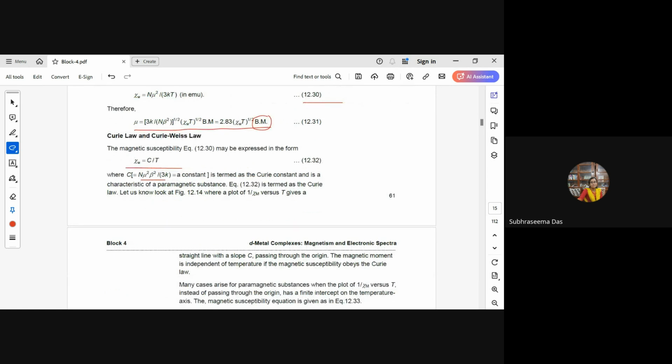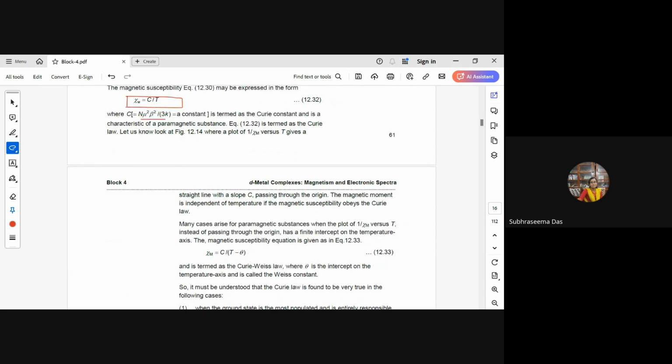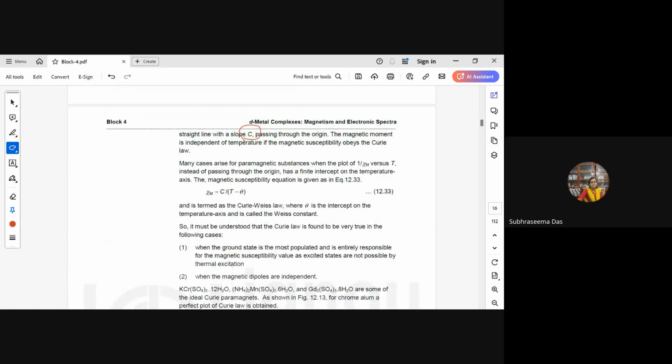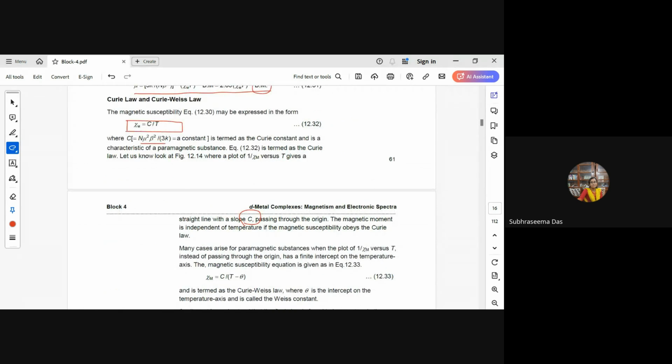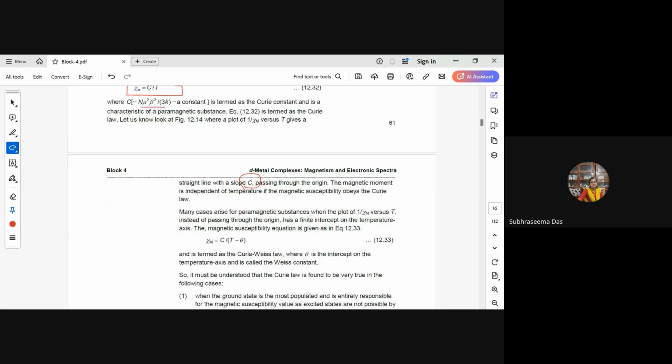This equation 12.32 was further simplified, and this form is now referred to as Curie's law. When we plot a graph of 1 by chi m versus T, it gives a straight line with slope C that passes through the origin.